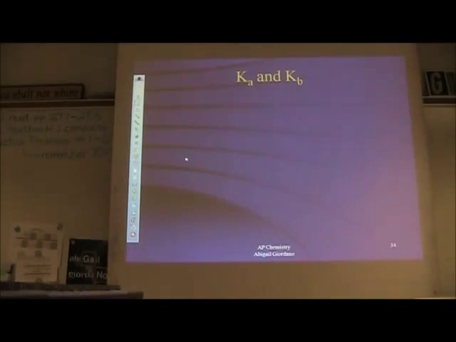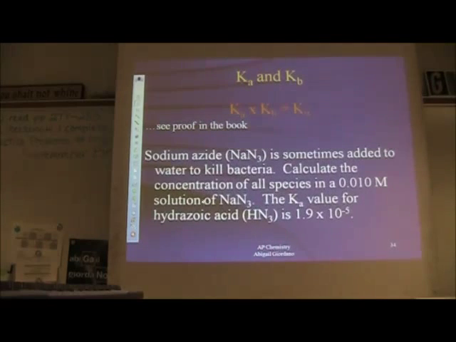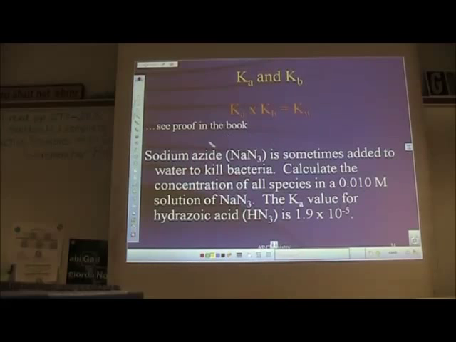Here we go. Okay, if you want the mathematical proof for why this is true, go see the proof in the book. Okay. Ladies and gentlemen, here is our salt. Sodium azide. Azide is an ion that you are probably not familiar with. This is not sodium nitride, by the way.